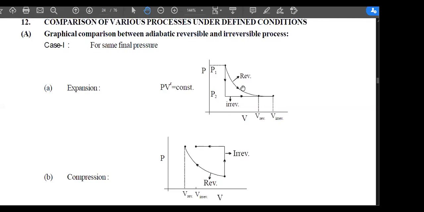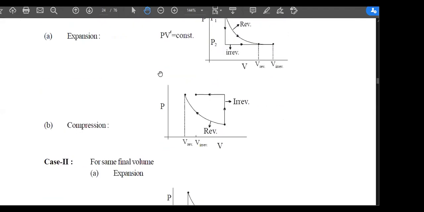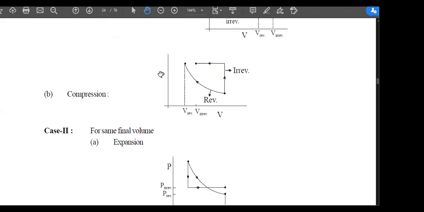In the isothermal process, PV is equal to constant. PV is equal to constant, right? That's what we discussed in the last class also. The last topic in the last class was the relationship between the slope of the isothermal process and the adiabatic process, or the curves of the isothermal process and the adiabatic process.